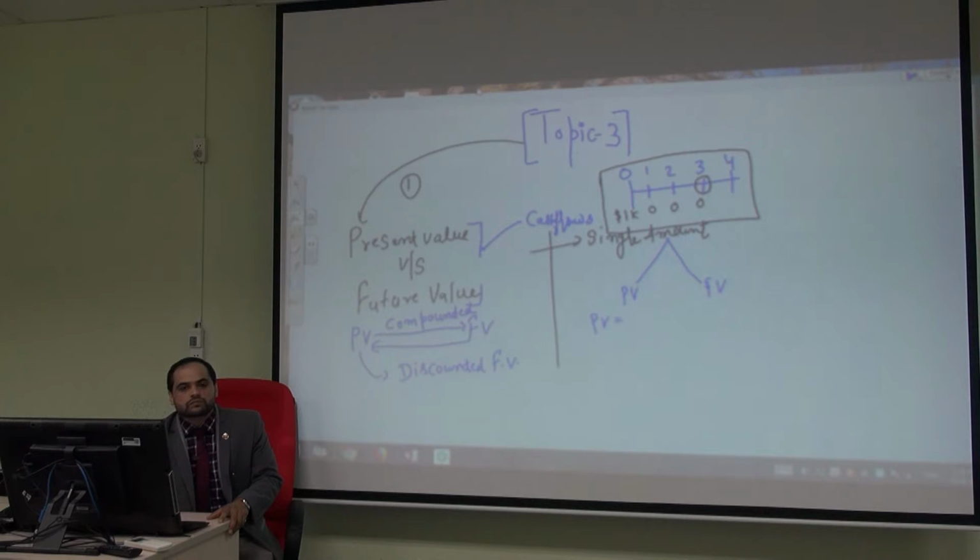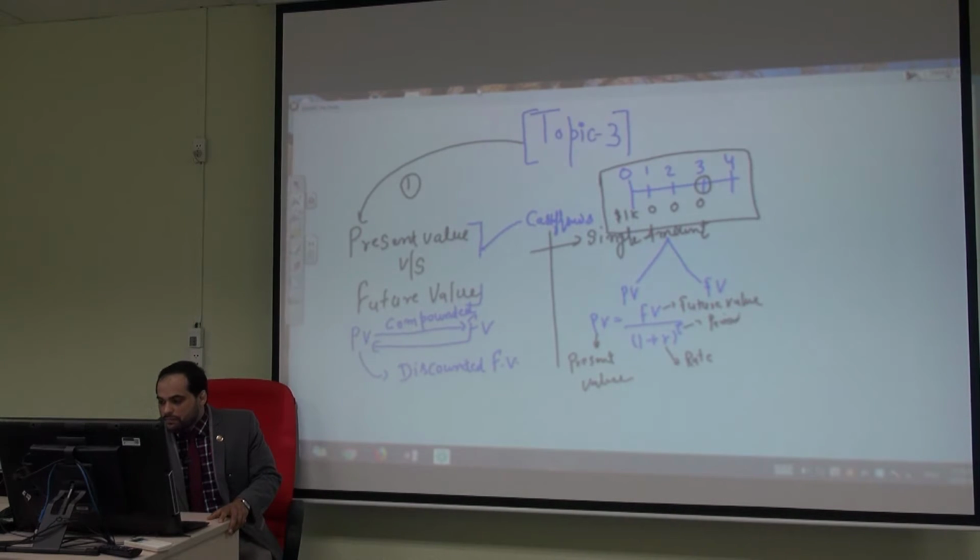Present value equals future value divided by 1 plus R to the power T. FV stands for future value, PV stands for present value, R stands for rate of interest, and T stands for the period for which we are investing.